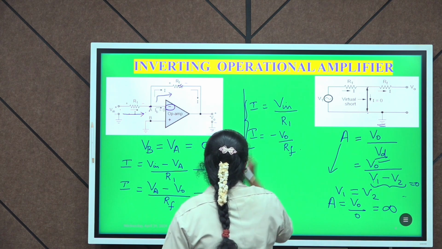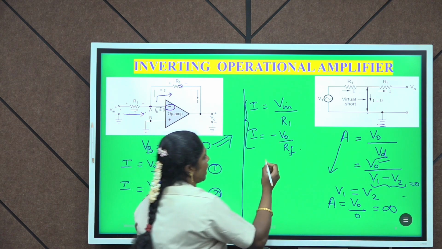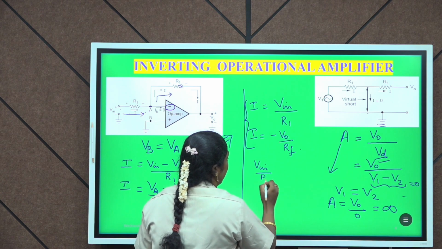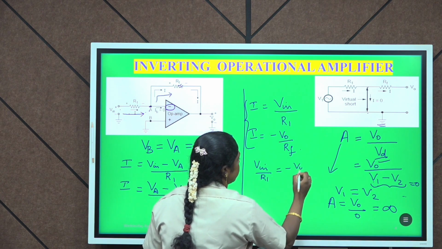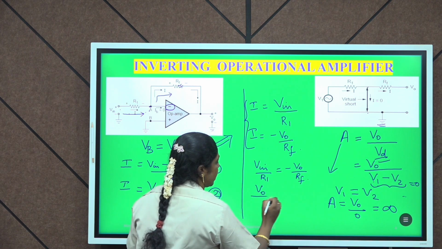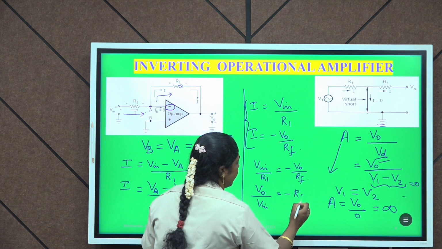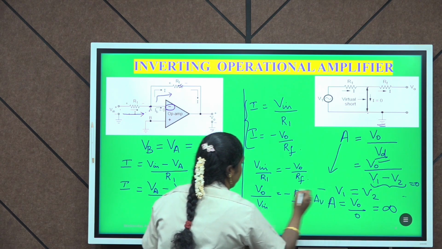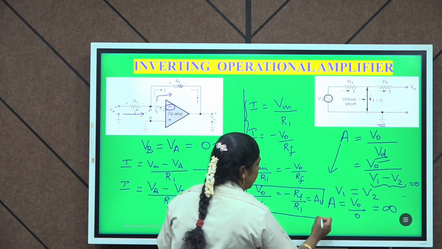Since their left hand sides are the same, their right hand sides can be equated. So Vin divided by R1 is equal to minus V0 divided by Rf. We can rewrite this as V0 divided by Vin is equal to minus Rf divided by R1, which is nothing but the gain of the inverting operational amplifier.